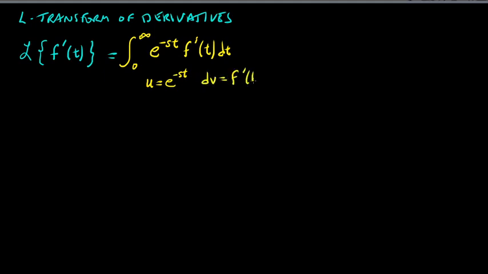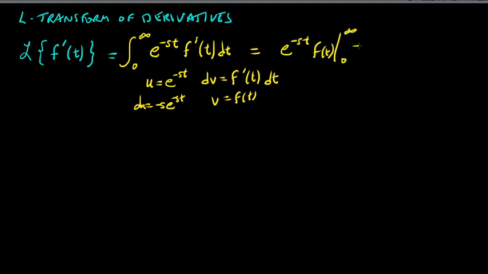This is already the derivative, so that means v is just f, and du is negative s times e to the negative st. Applying integration by parts, we get u times v, so that's e to the negative st times f of t, evaluated between 0 and infinity, minus the integral of v du, so minus a negative is plus s times e to the negative st times f of t dt.